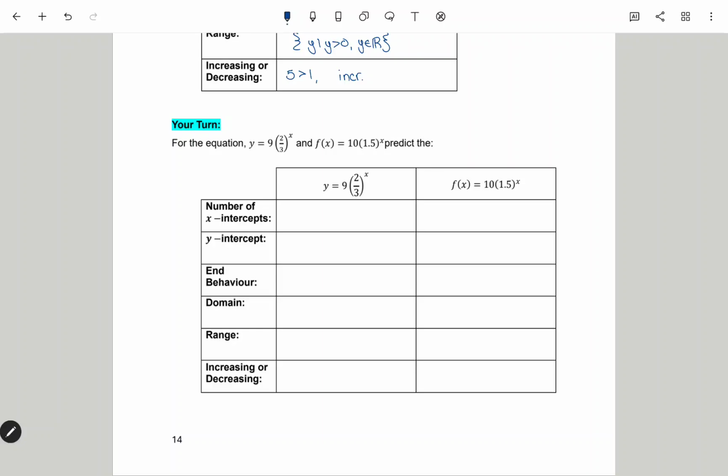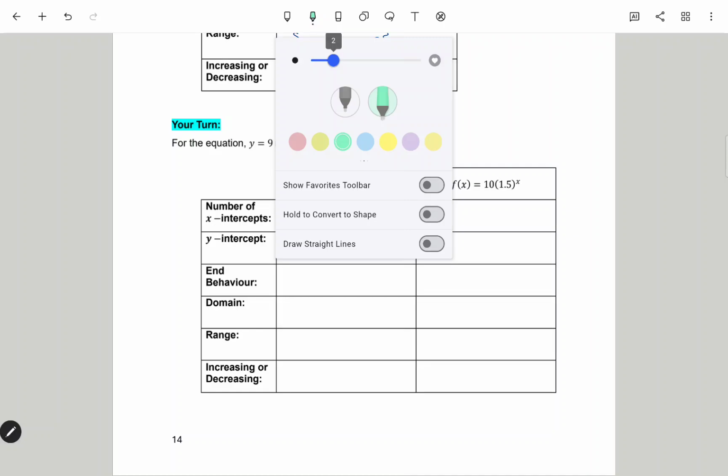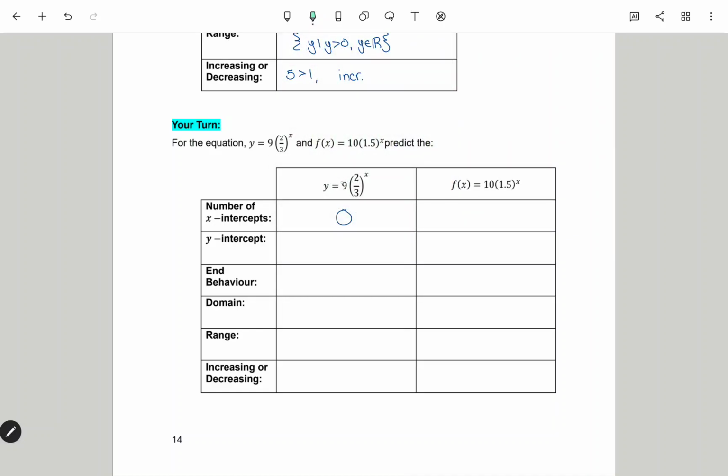All right, number of x-intercepts never changes, that's 0. Y-intercept, we have to look here. So it's 0, 9. And behavior, always quadrant 2 to 1. Domain, always real numbers.